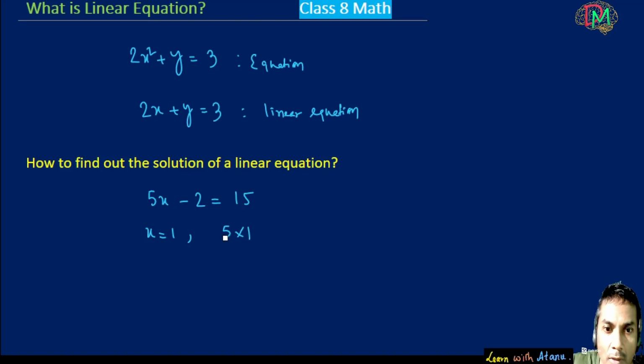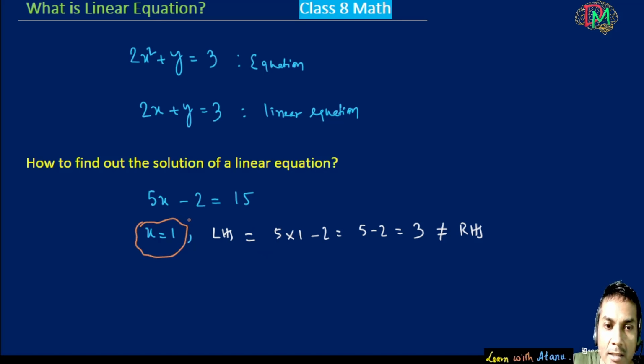So LHS becomes 5 into 1 minus 2. So 5 minus 2 is equal to 3. So it is not equal to RHS. So we can say that no, 1 is not the solution of the given linear equation.